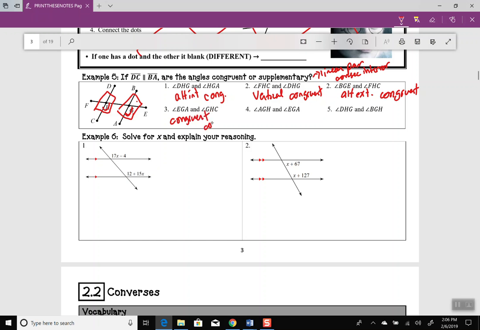And that's by corresponding angles. And then last couple, AGH and EGA. These are a linear pair, so they're going to be supplementary. Again, they create a half circle, 180 degrees.